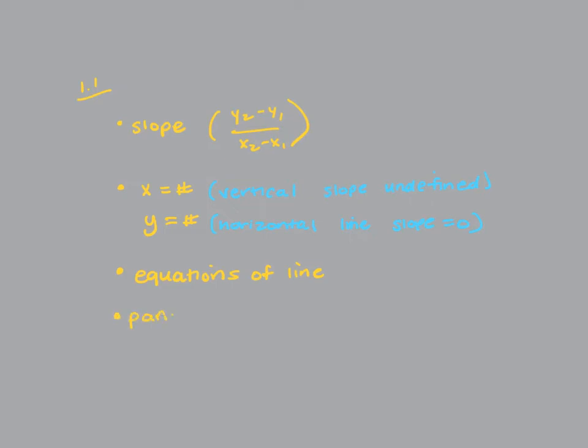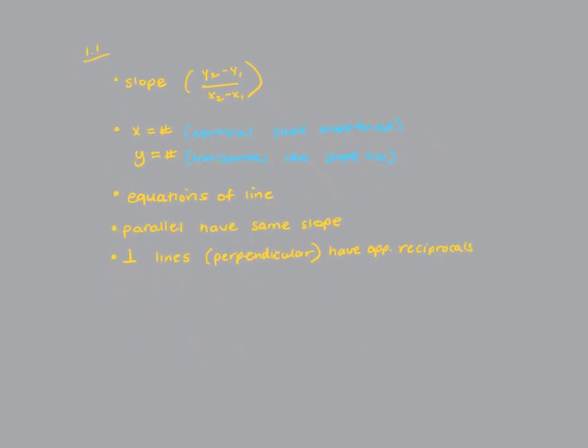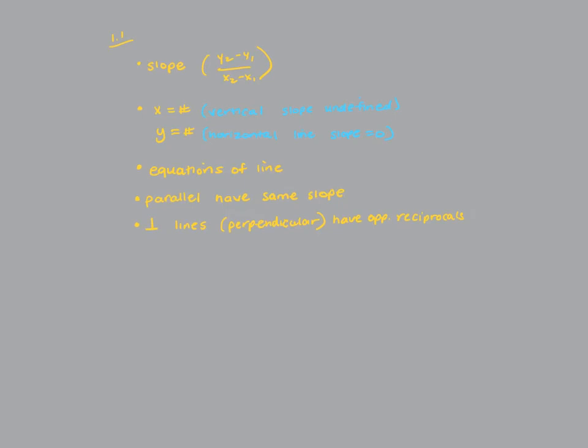So lines that are parallel have the same slope and perpendicular lines, I should spell it out for you, have opposite reciprocals. And these are the questions that people miss the most on this quiz. So I'm just going to do a quick example because it wasn't on the warm-up.